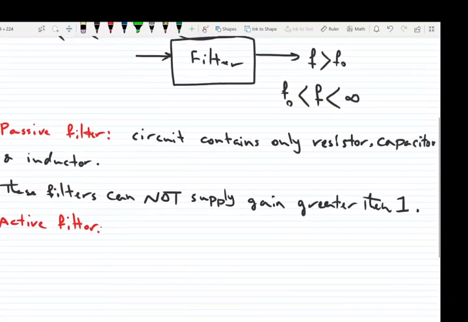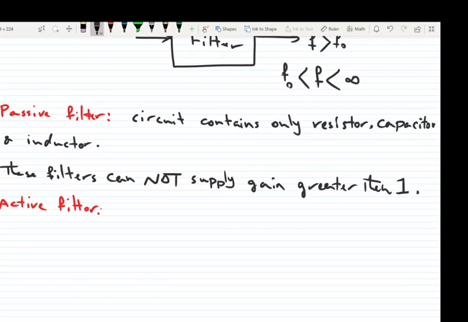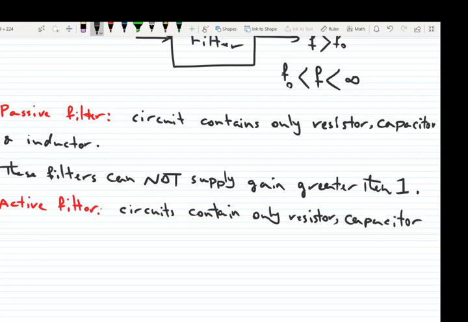The other type of filter is the active filter. These circuits contain only resistor, capacitor, and op amp.